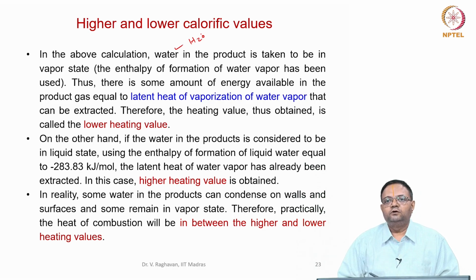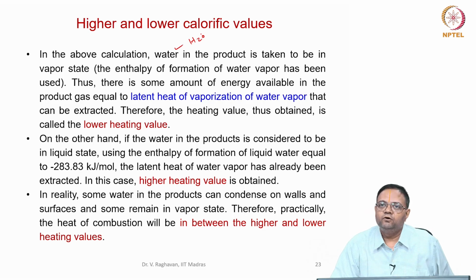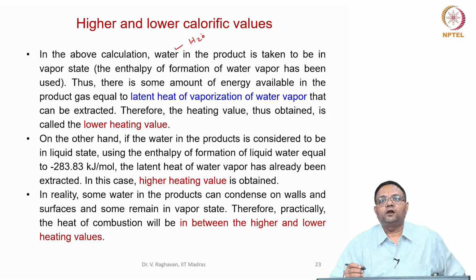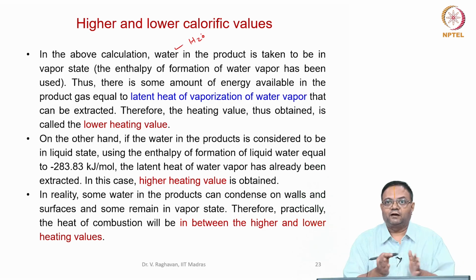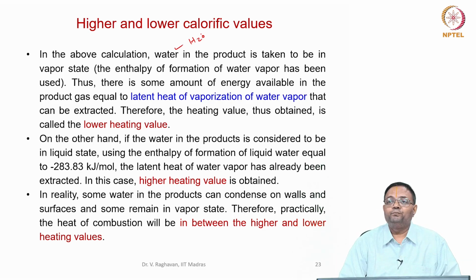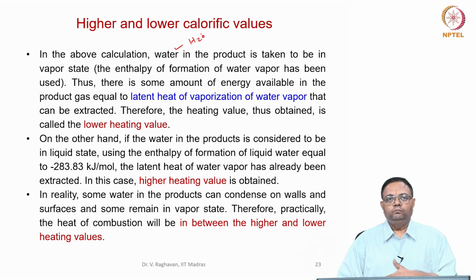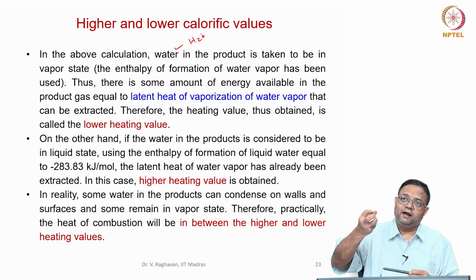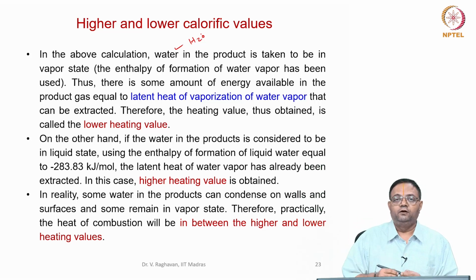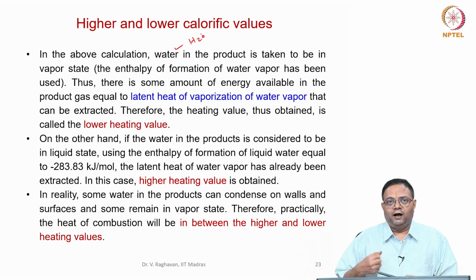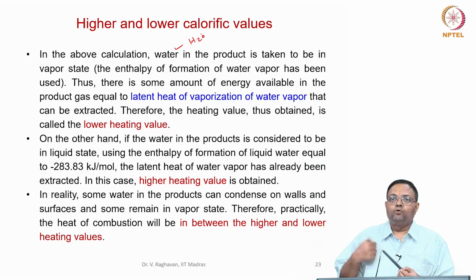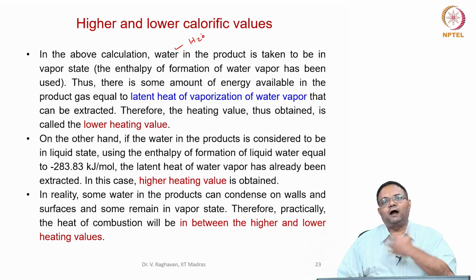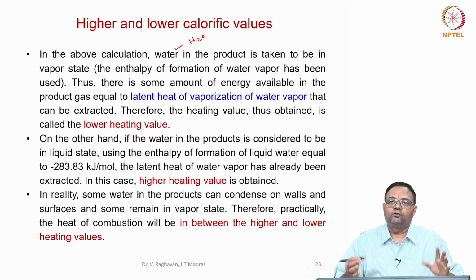That means we cannot surely say that the product has water in vapor form or liquid form entirely, but we can calculate the extremes. If the water is assumed to be in the vapor form, then what you obtain from this equation is the lower calorific value, and when you extract the latent heat from the water vapor and condense it to liquid, and that heat which is removed from the water vapor also is added to the heat of reaction, then I get the higher calorific value.